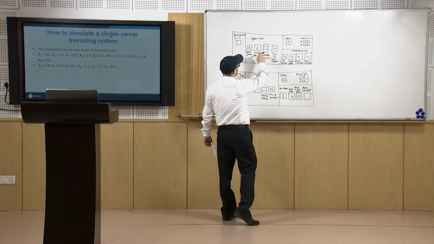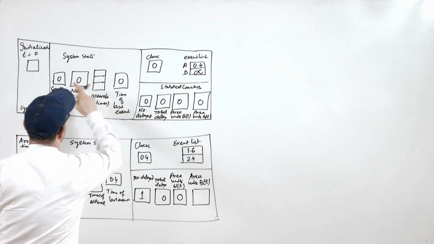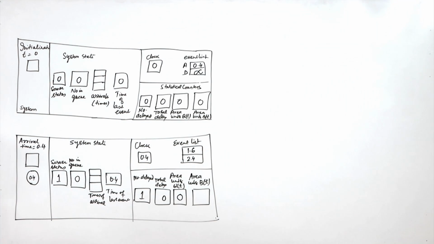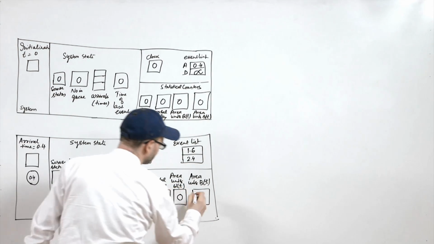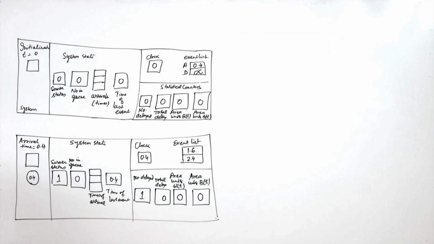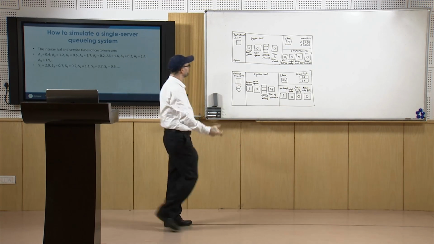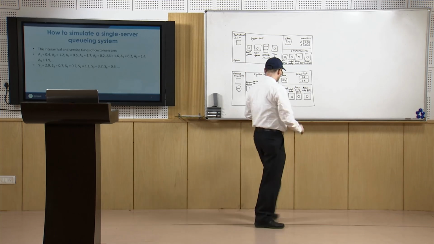In this case the server is idle, so it is 0. So, 0 plus 0 times this time lag will be 0. So far the area under B(t) is coming out to be 0. Now, we will go to the third case.